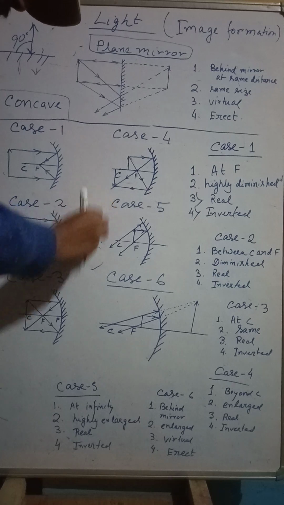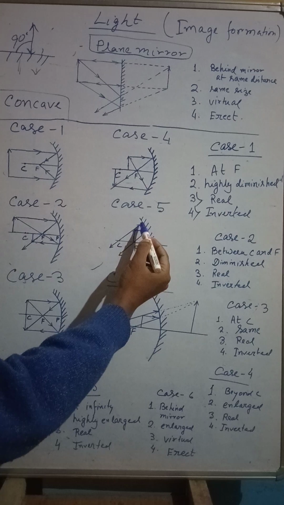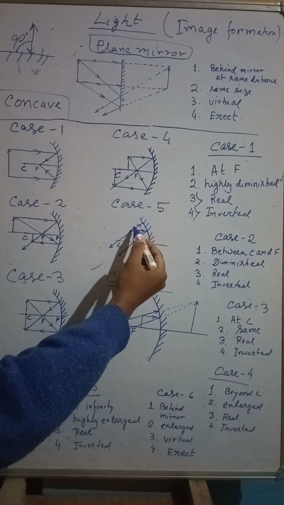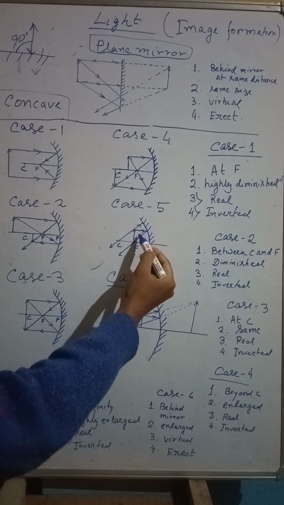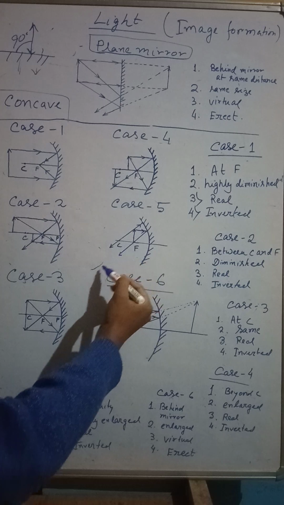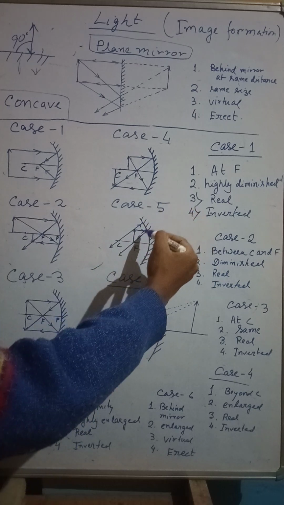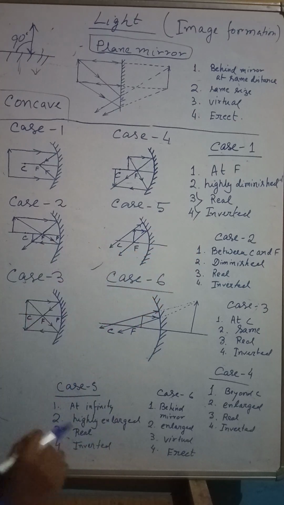Here the angle of incidence is 0 degrees, the angle of reflection is 0 degrees, and the reflected ray goes through the center of curvature. Here is another reflected ray. They will never meet in this direction or at the back of the mirror. So here the image will form at infinity.